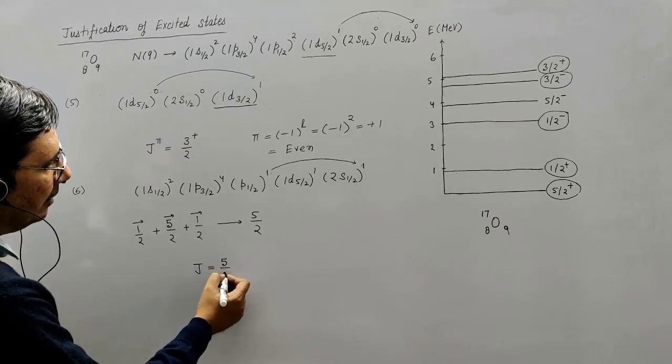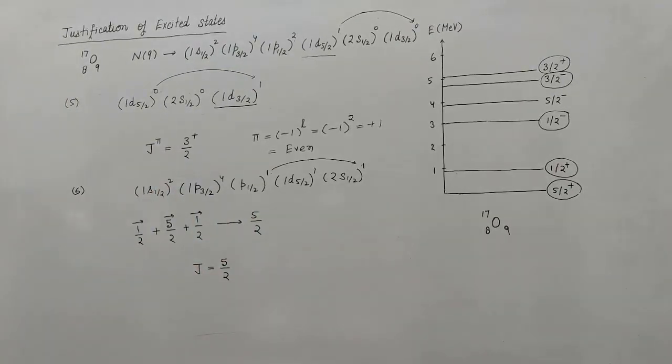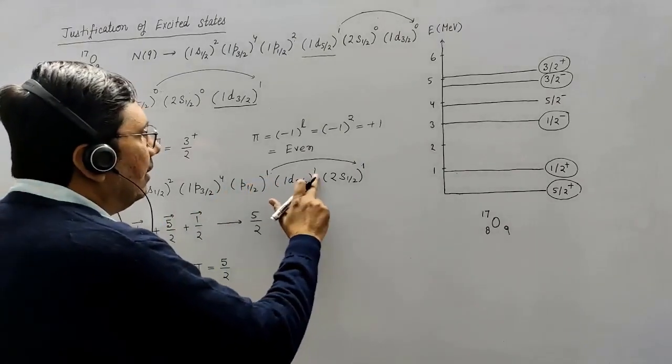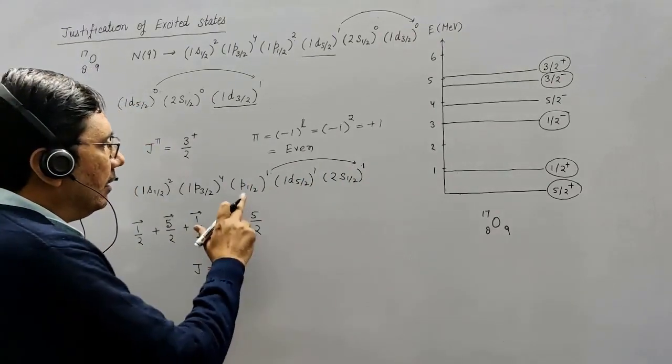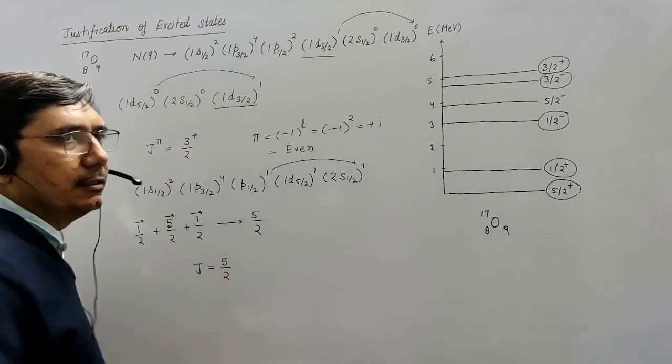This can be explained in the way that more than one unpaired neutron participates together to form this excited state. And here, what is important is that they are not equivalent neutrons. Their J values are different, their L values are different.